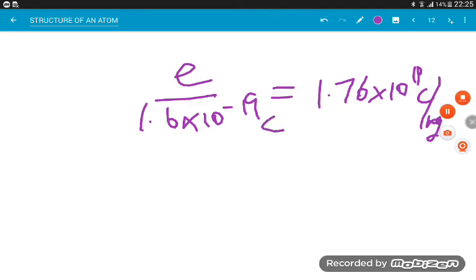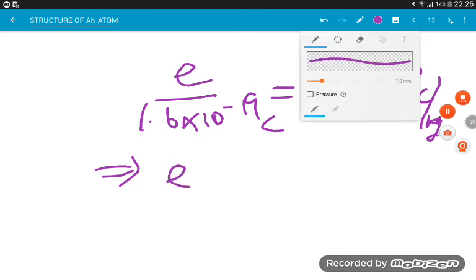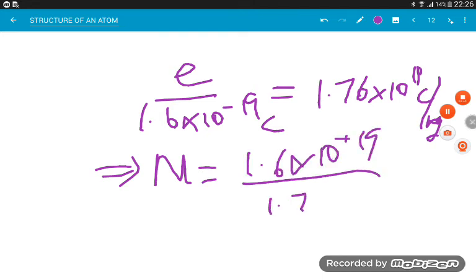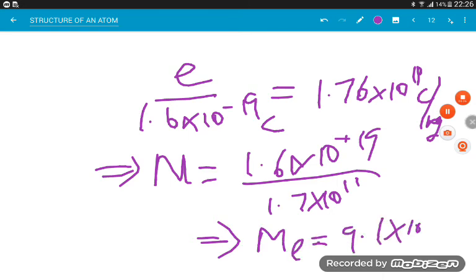So m is 1.6 into 10 power minus 19 divided by 1.76 into 10 power 11. What do we get finally? We get the mass of the electron as 9.1 into 10 power minus 31 kg. This is how we determine the mass of the electron.